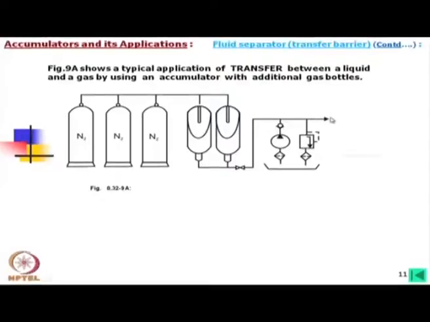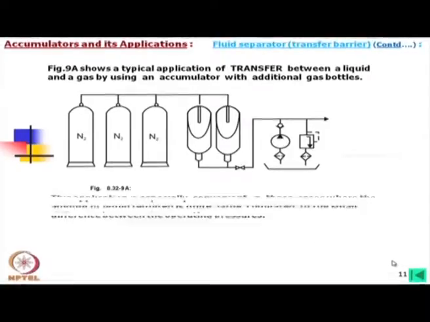So, this oil can go this way, but when we open it, this will be pressurized and then this nitrogen cylinder will be filled or equalized. This is a very schematic application of an accumulator, but this is the transfer process. These are usually used in industries, say chemical industries and similar big industries.